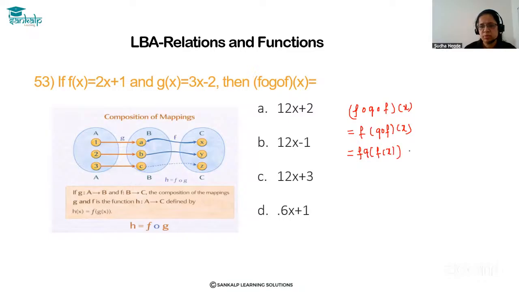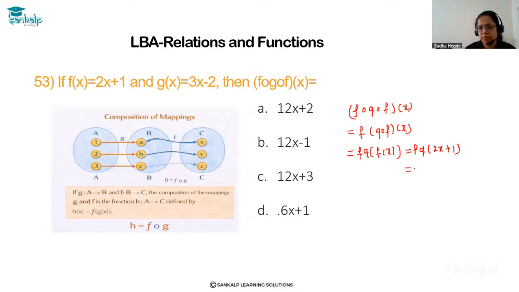Okay, similar to f composition g of x. So f of g of, what is f of x? It is 2x plus 1. Now you need to find g of 2x plus 1.